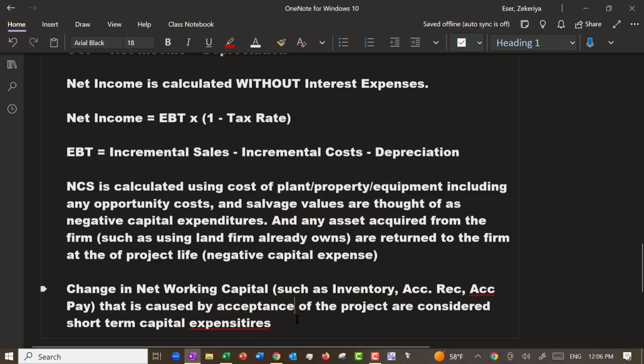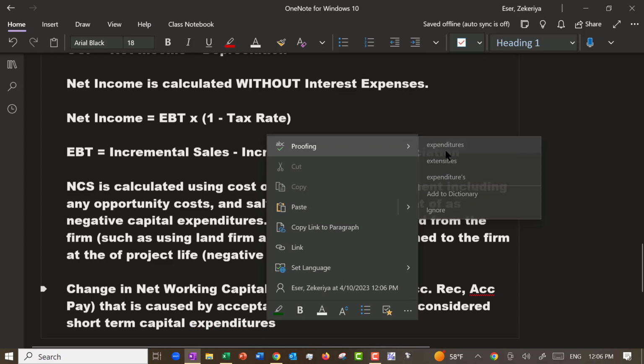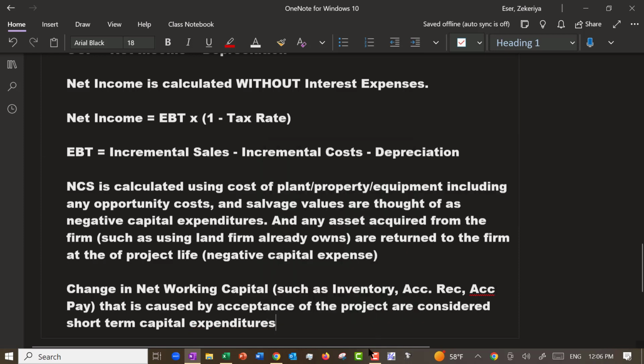And they also are returned back to the firm at the end of project life.